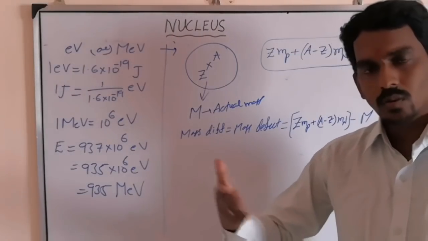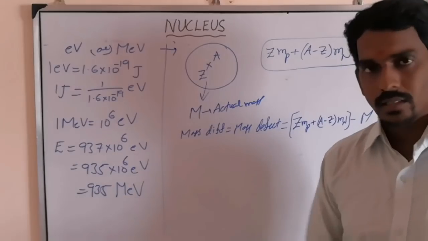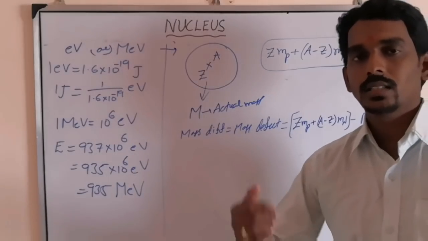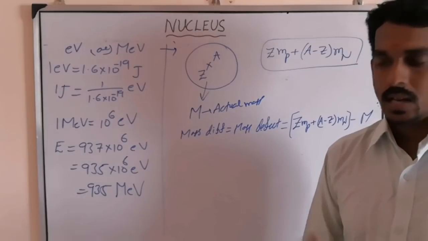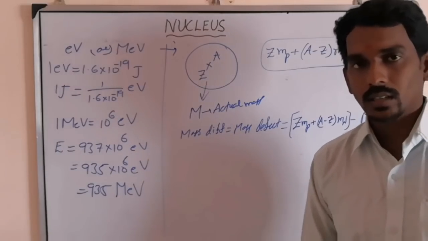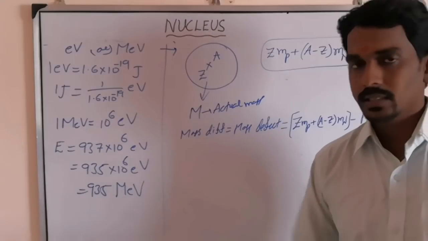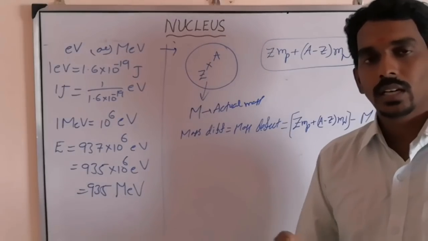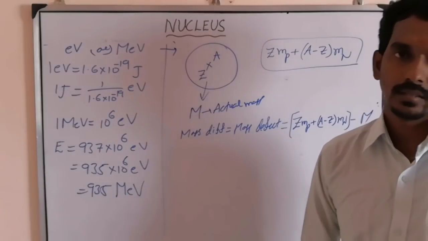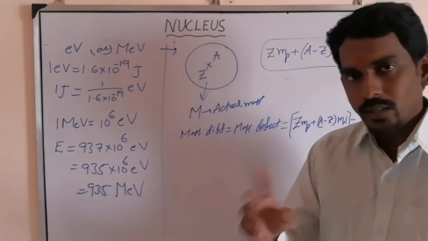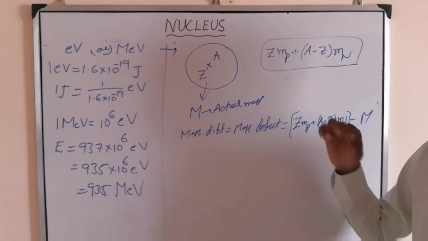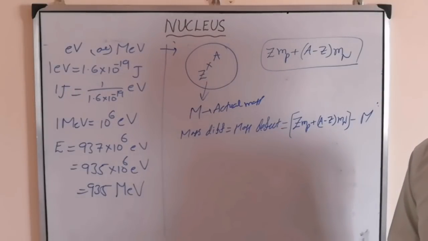When you measure each stone's mass, the added value comes to, suppose, 26.2 kg. But when you take them together in a weightless bag and measure, it comes to something like 25.8. Then there is a difference of 0.4. That 0.4 is called mass defect.